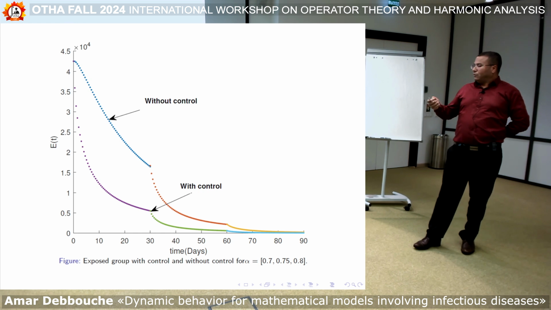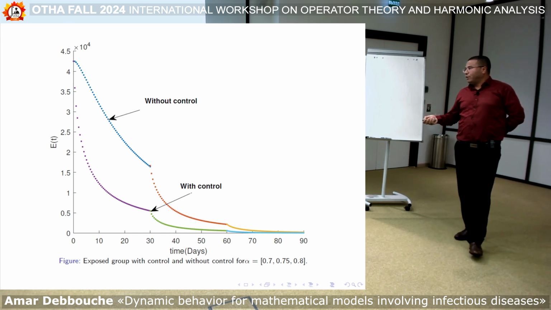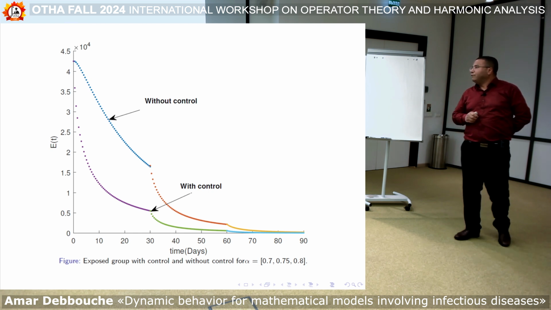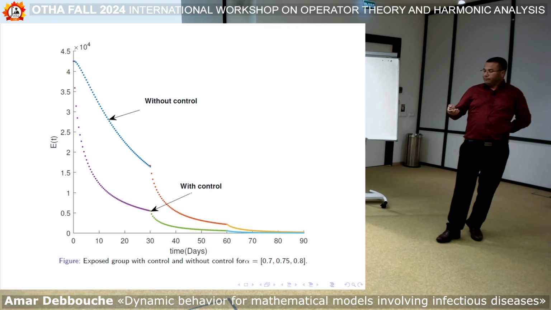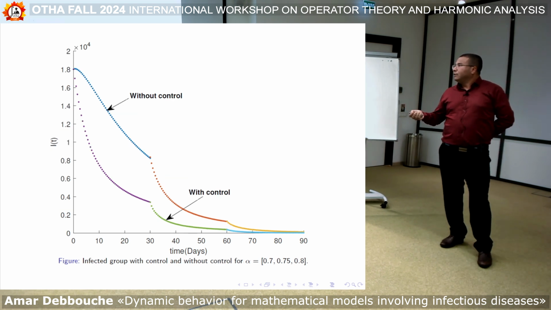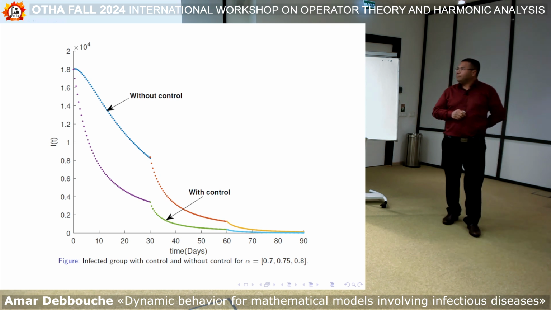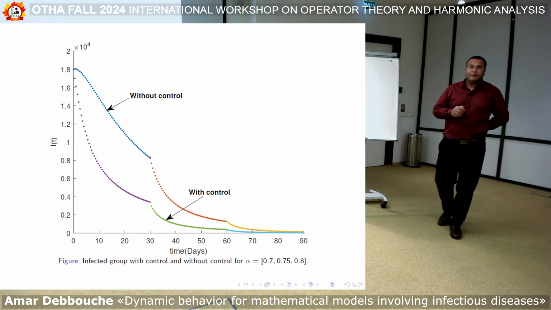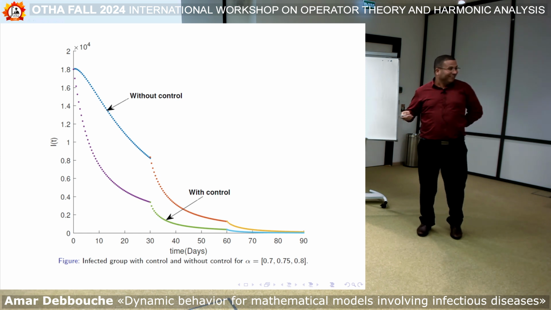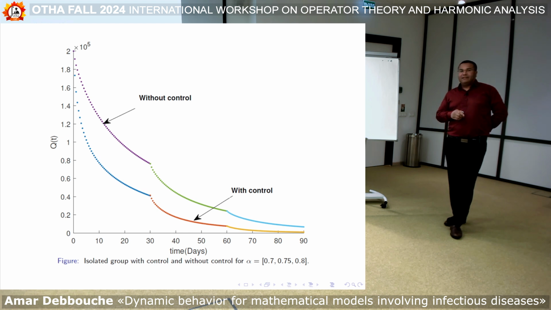The same here for exposed individuals, with control and without control for different values of alpha. And here also for the infected group for different values of alpha. And here for the isolated group.